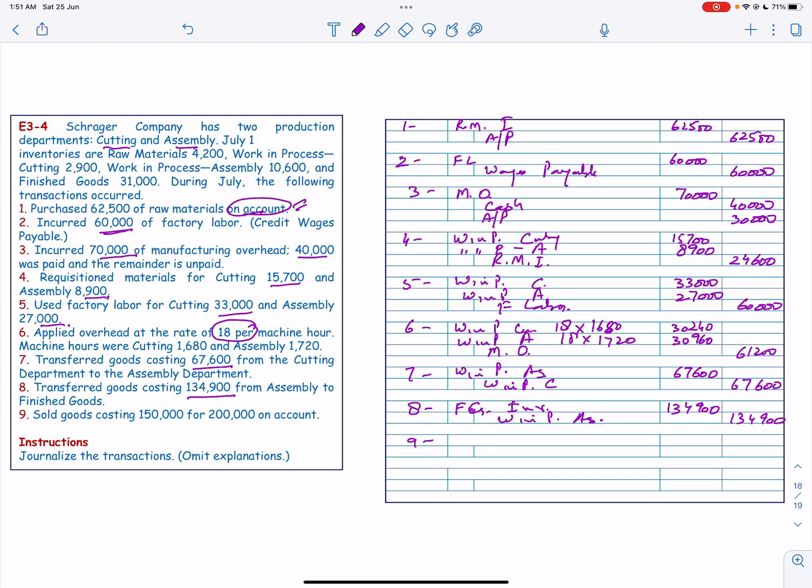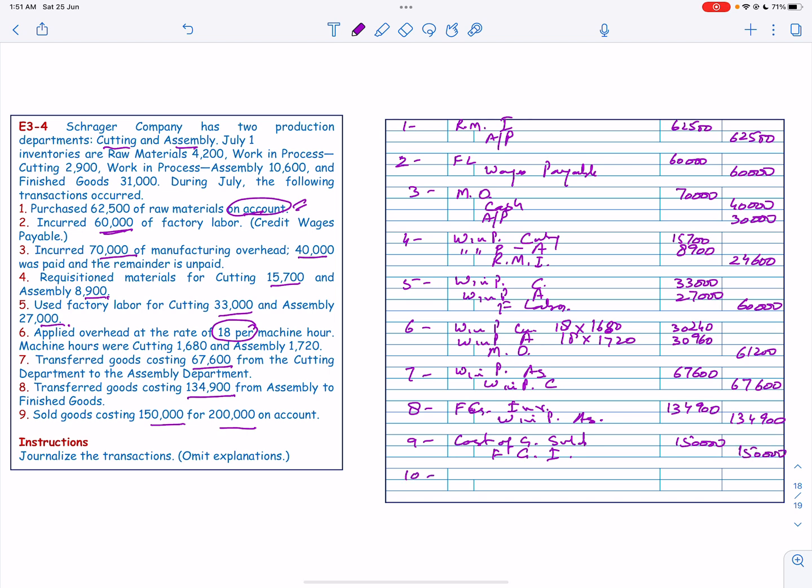And for number 9, they say sold goods costing 150,000 for 200,000. So first of all, we will record the cost of goods sold. Cost of goods sold is debit by 150,000 and finished goods inventory is credited by 150,000.